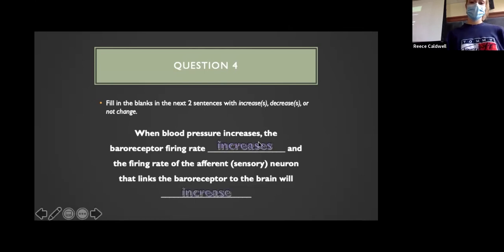So blood pressure increases, baroreceptor firing increases, which will decrease SNS activity and increase PSNS activity. And those sensory neurons, afferent, meaning they arrive at the central nervous system, will also increase.